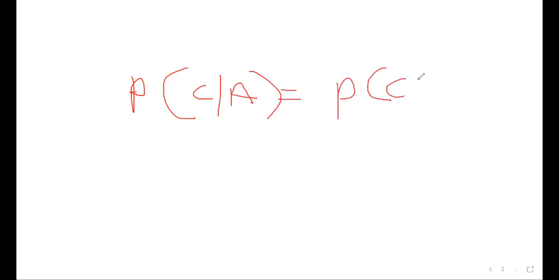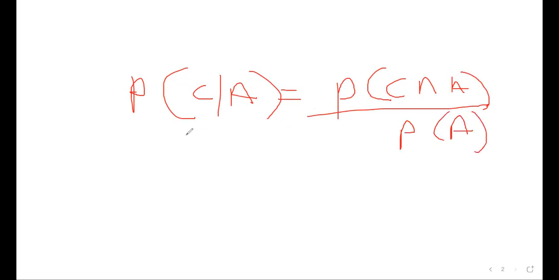In probability of C given A, an example, is equal to probability of C intersection A over probability of A. So what is given? This is C given A.